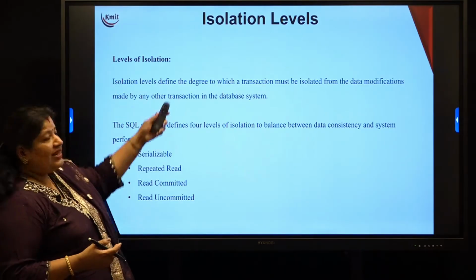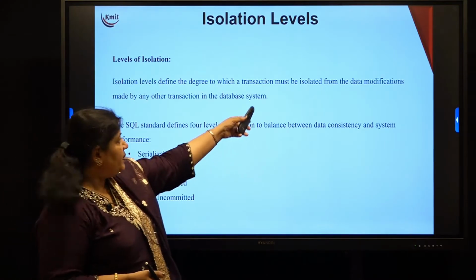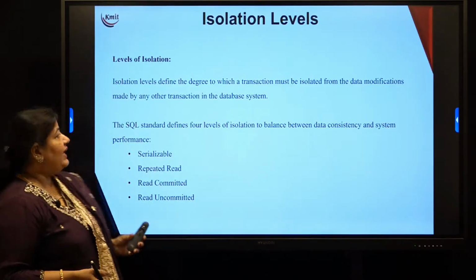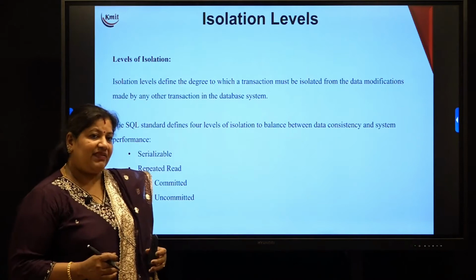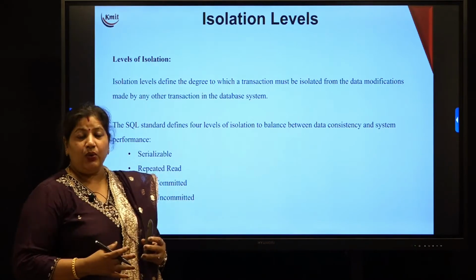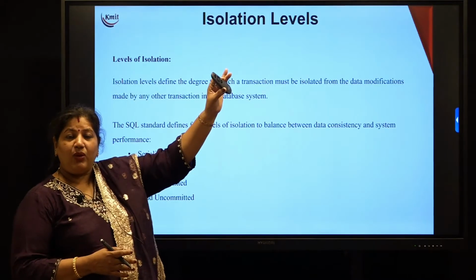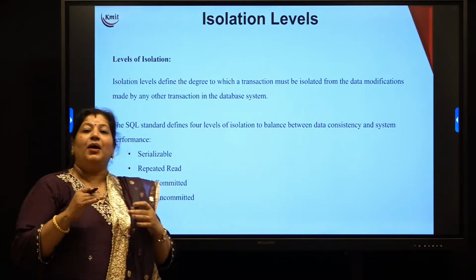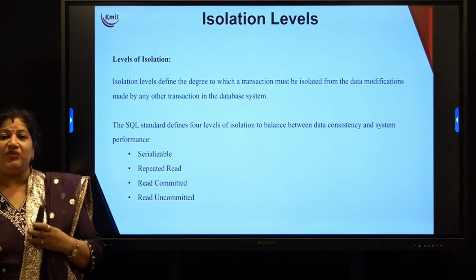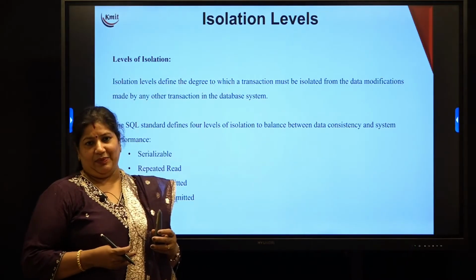Isolation level defines the degree to which a transaction must be isolated from the data modifications made by other transactions in the database system. Like, at what level do you ensure isolation? If you go for a high level of isolation, it can guarantee system consistency but reduces performance, because concurrent executions may get affected a little bit.